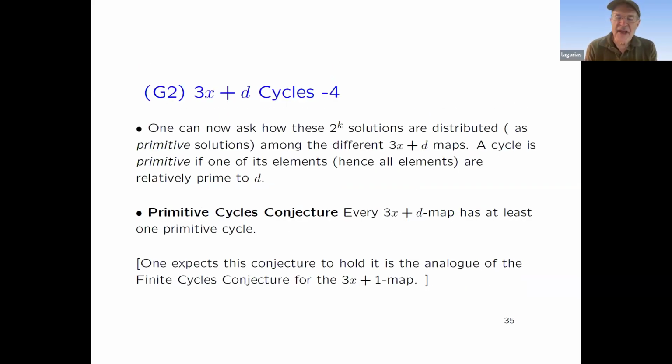But the 3x plus d map has the same probabilistic heuristics, so everything should go downhill. So there should be at least one cycle, because where are the integers going to go? I don't know how to prove that. It's a really elegant, nice problem. I'd like to explain why it's hard. You have a formula for this rational number.